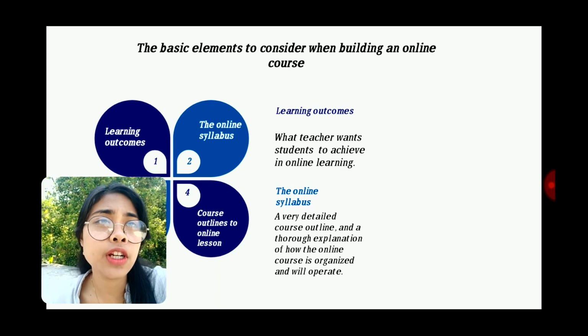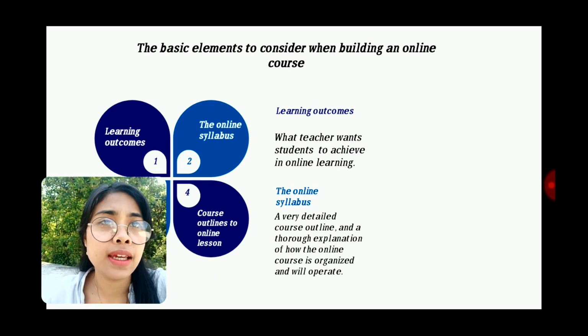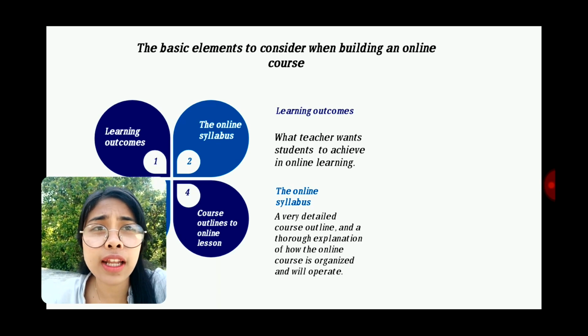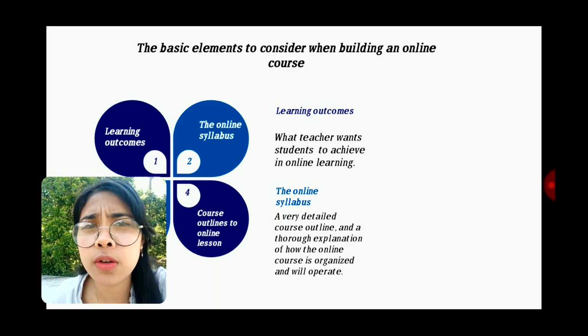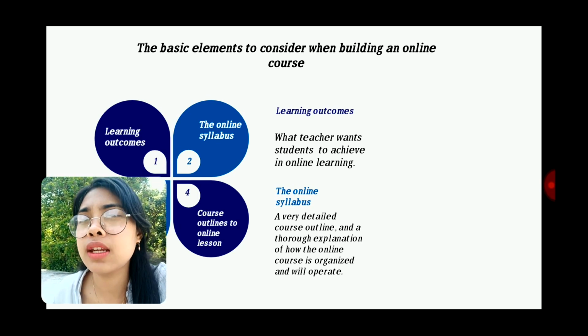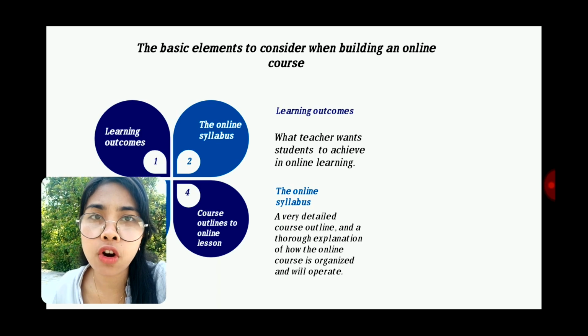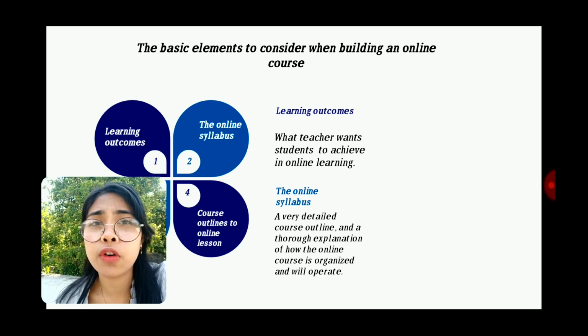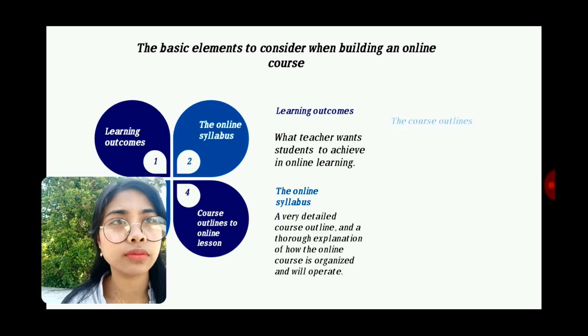It contains a very detailed course outline and a good explanation of how the online course is organized and how it will operate. The syllabus contains the details of the online course and the assignments, and it's like a framework for the teacher to develop the online learning.